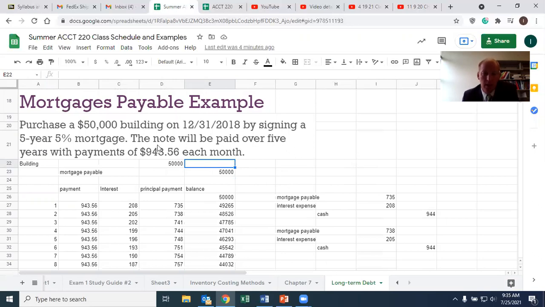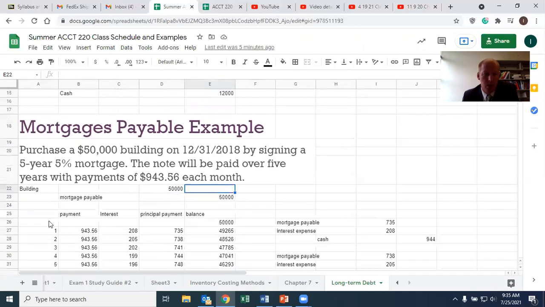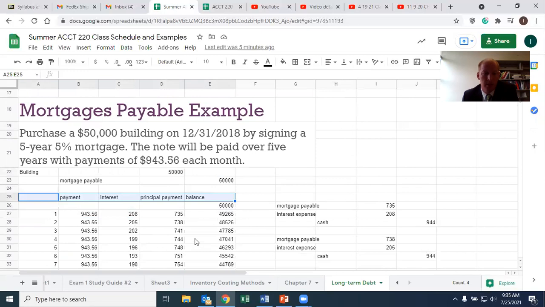So I just went ahead and did what is called an amortization table for a mortgage. And so what we have here, the payment stays the same, $943.56.